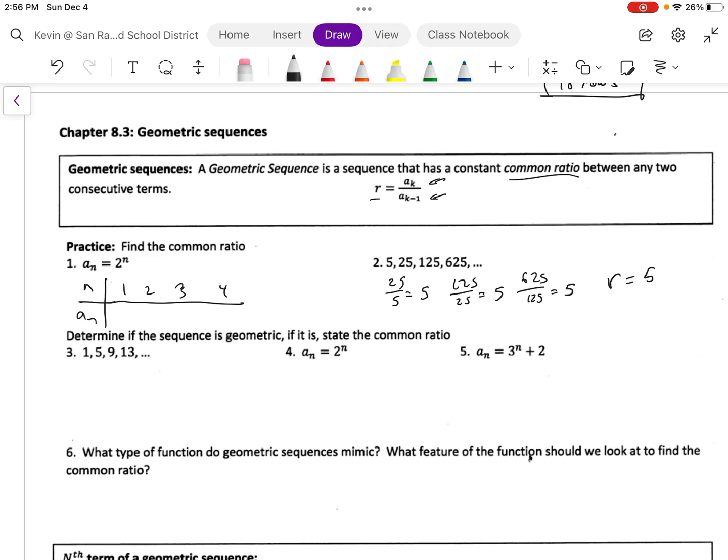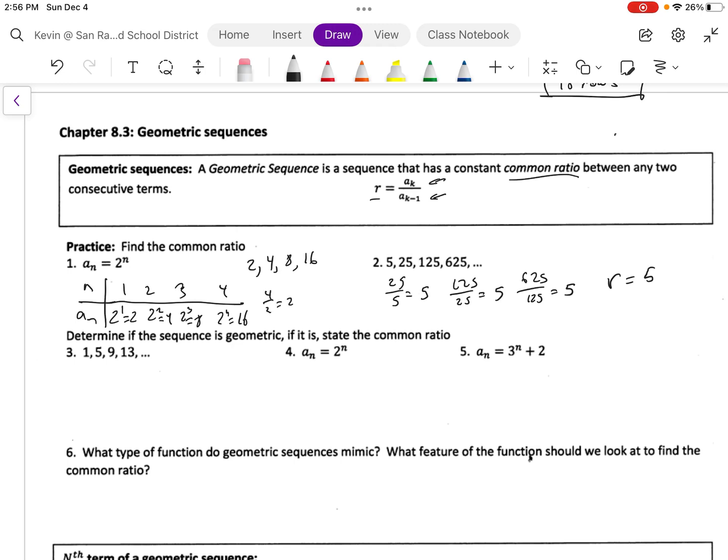We'll only go that far. 2 to the first power is 2. 2 squared is 4. 2 cubed is 8. And 2 to the fourth is 16. So we have 2, 4, 8, 16.